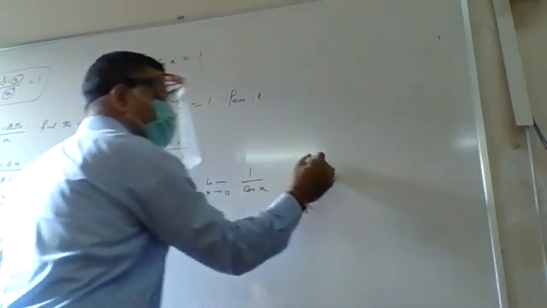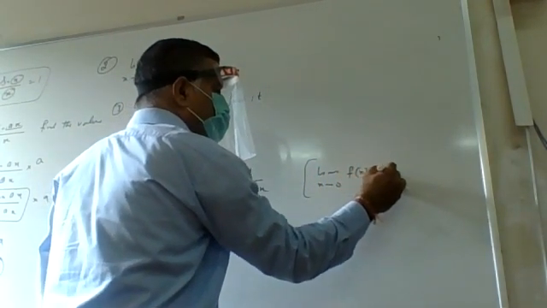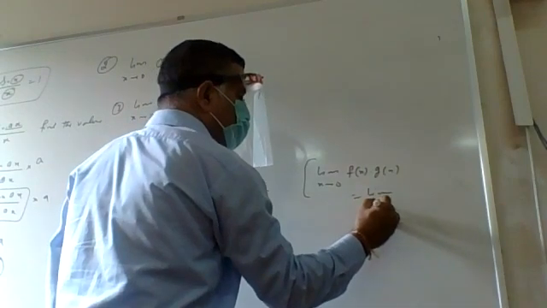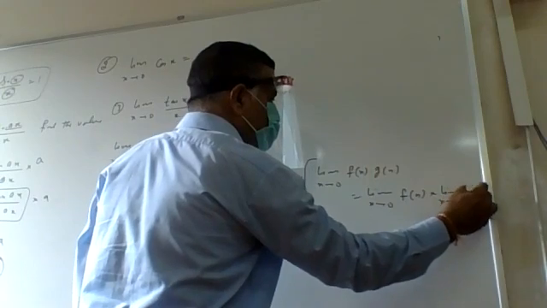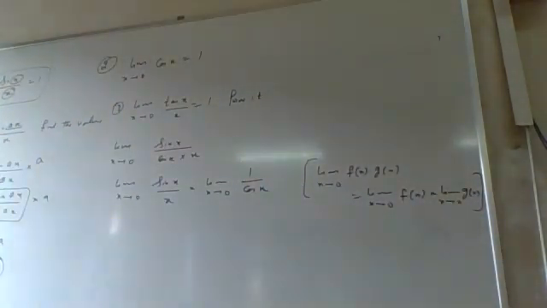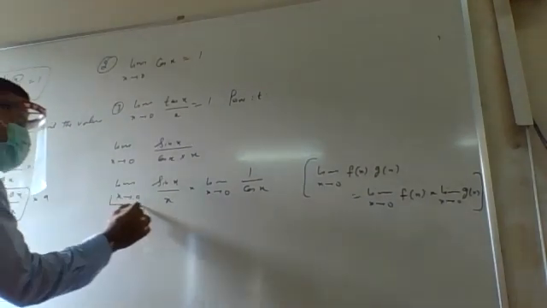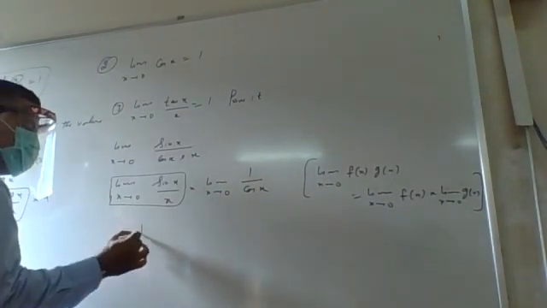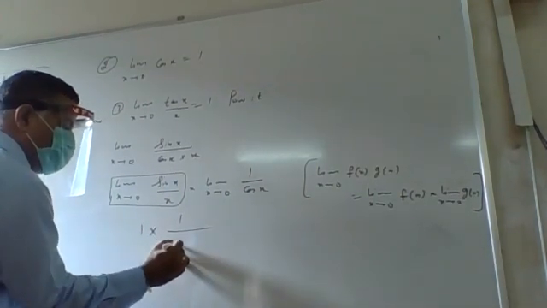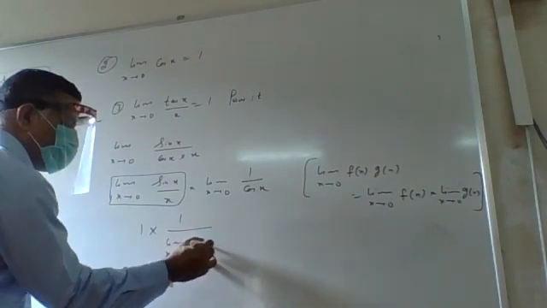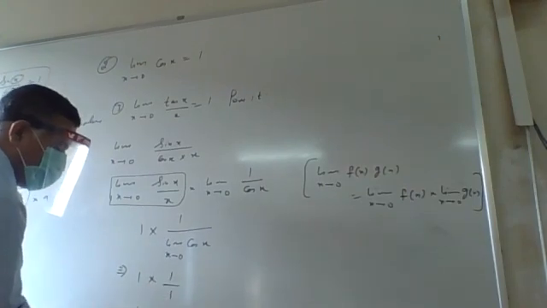क्या theorem लगाई? Limit x tends to 0 of f(x) times g(x) can be written as limit x tends to 0 f(x) multiplied by limit x tends to 0 g(x). I hope this is clear. Now I know that the value of this first result is 1, multiplied by 1 upon limit x tends to 0 cos x, which implies 1 upon 1, which is 1.